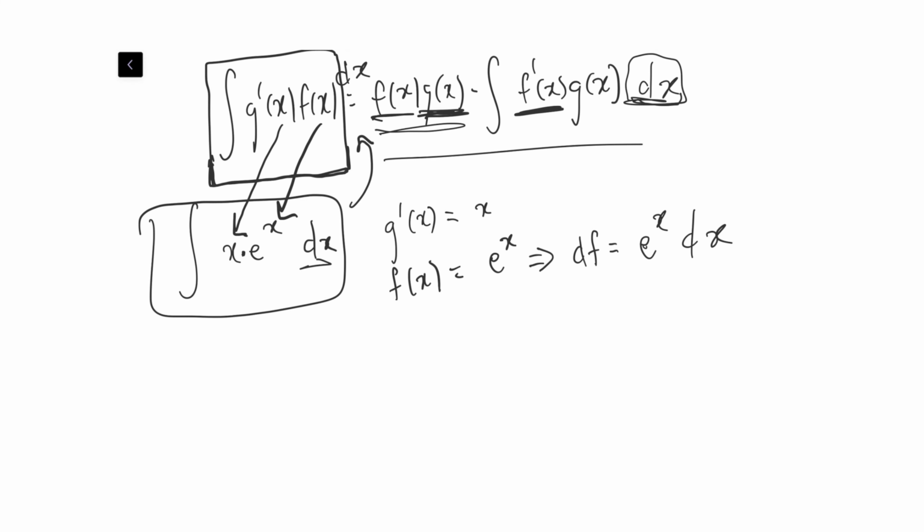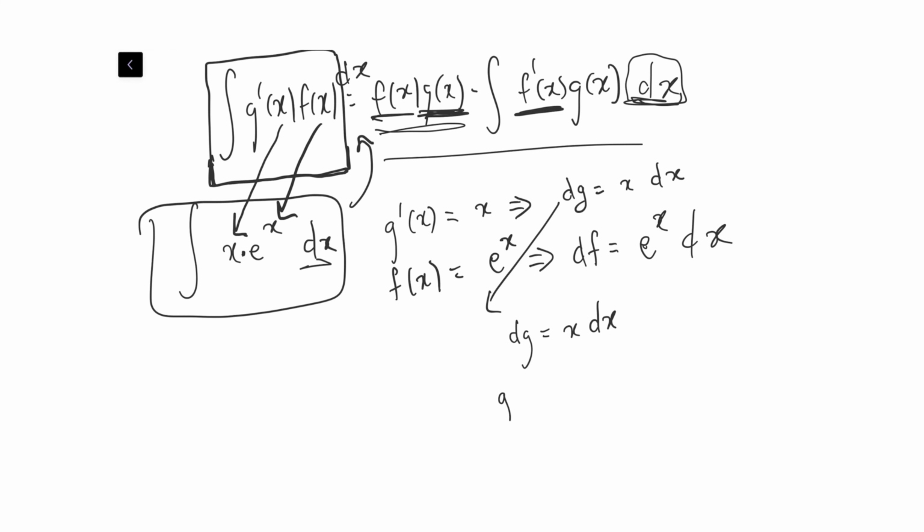If g prime of x is equal to x, and we want to find the original function, we would have to integrate. When we integrate the derivative, we get the original function. So g prime can be rewritten as dg equal to x dx.